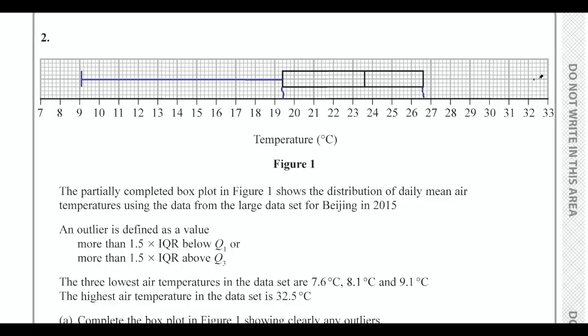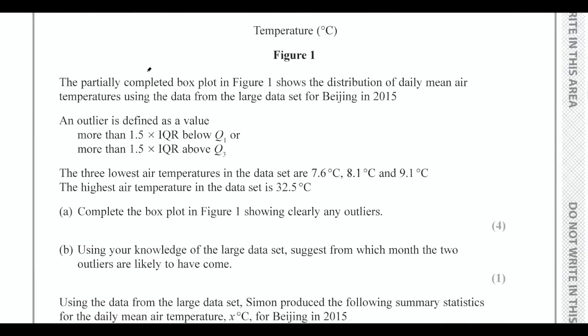Should be about here. Okay, so that's my maximum. So they're my whiskers. And then my outliers, 7.6 is here, and 8.1 is about here. Okay, so these are outliers. Okay, so that was part A.